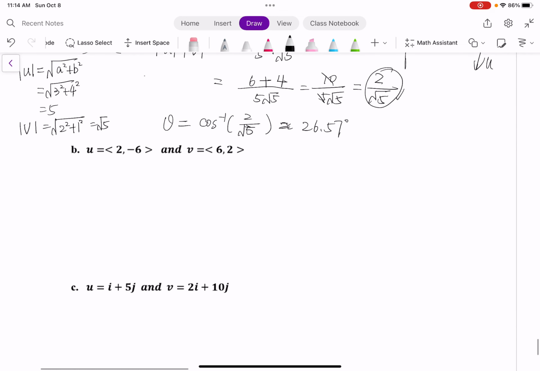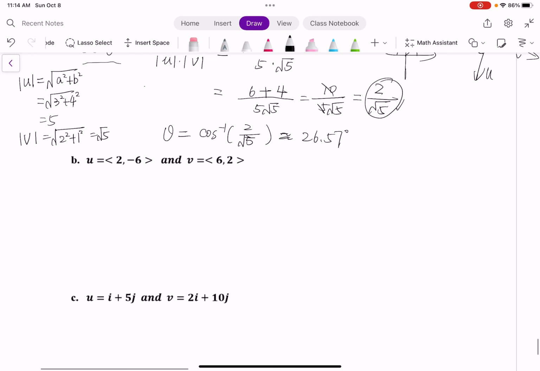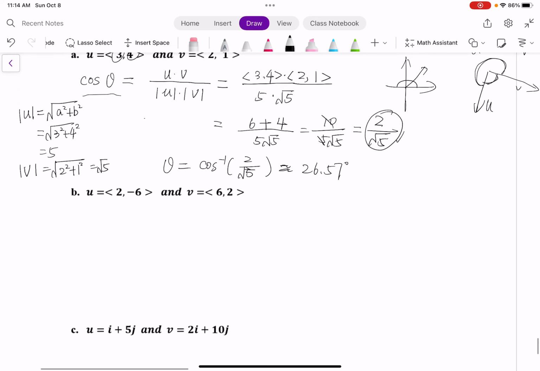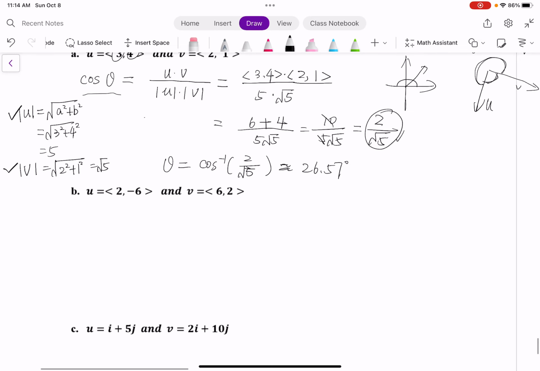I'm looking for theta, but before, in the formula, we have u dot v. Also we have the magnitude multiplication between u and v. Maybe we can find the magnitude of u and v first. Magnitude of u equals square root of 2 squared plus -6 squared.